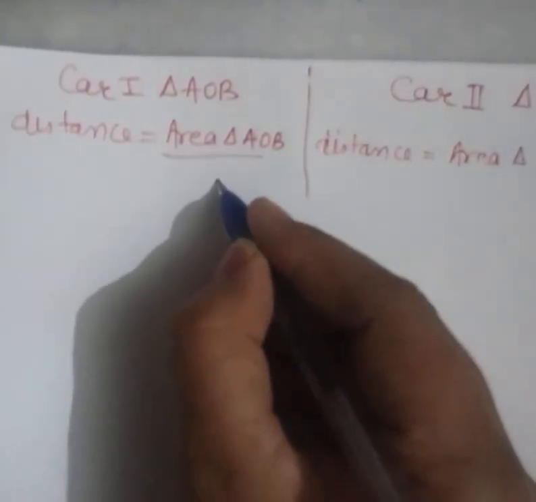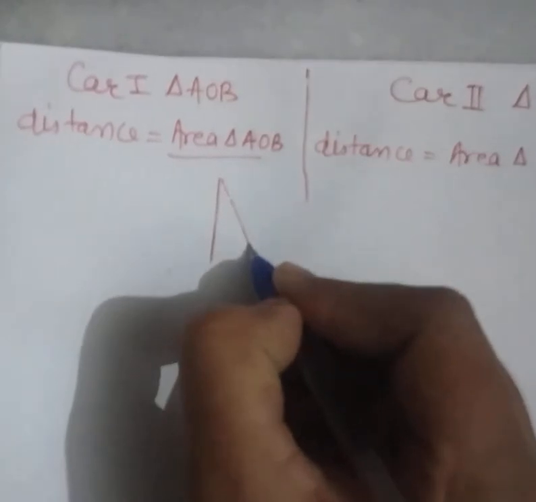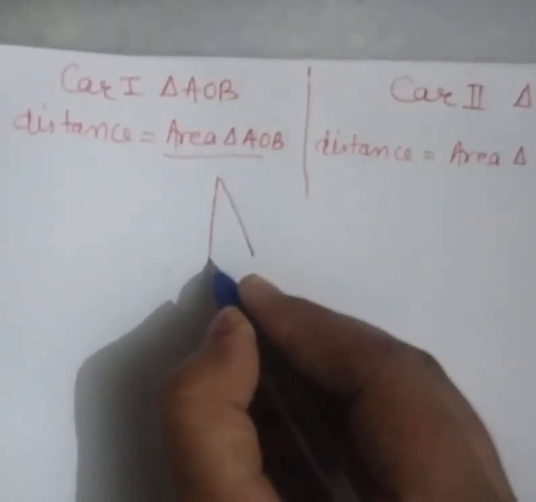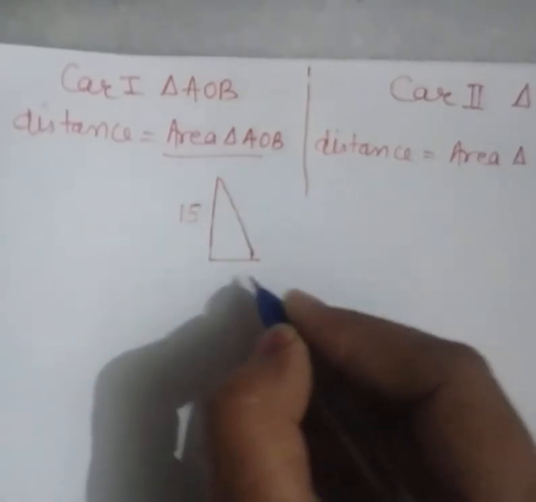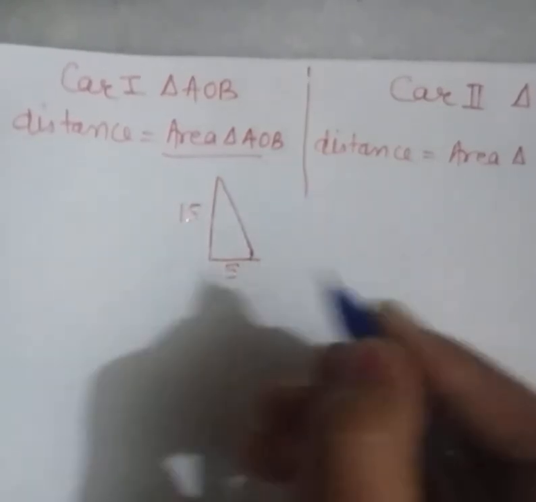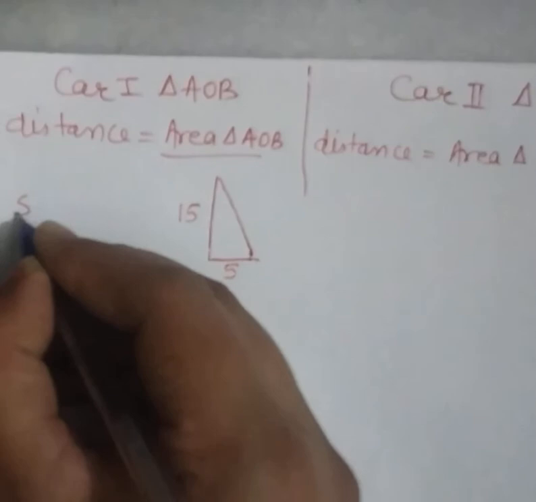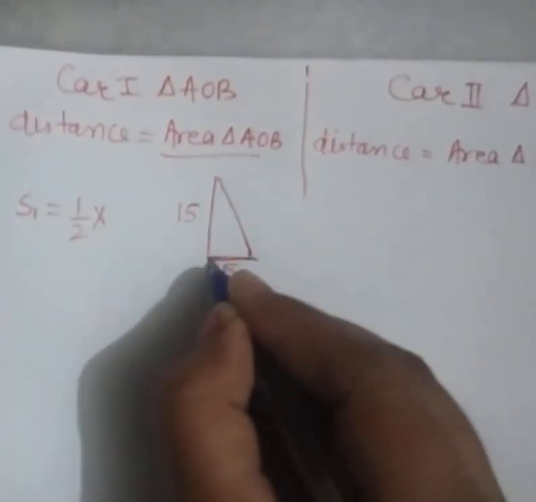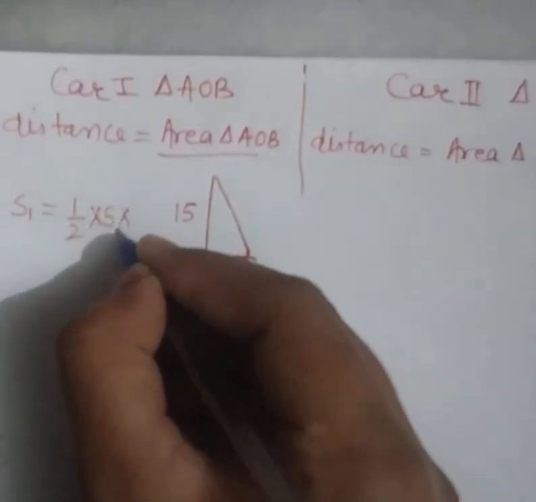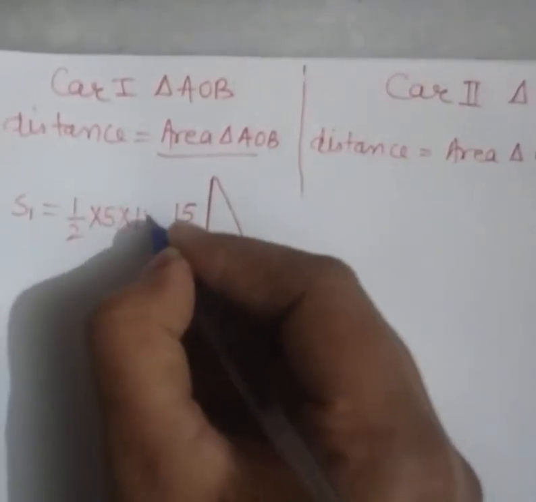For the first, so as to understand, I am drawing it again. This is 15, and this time is 5. So what will be the distance? Distance will be half into base, base is 5 into height, and height is 15.